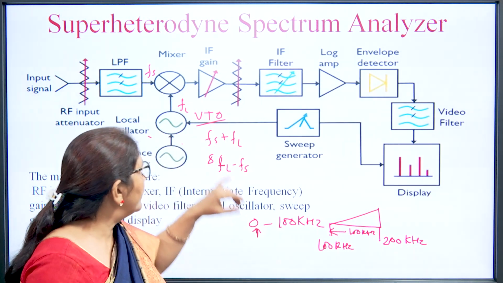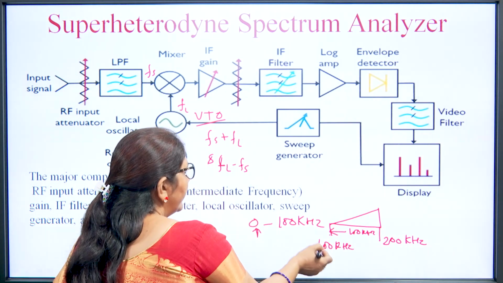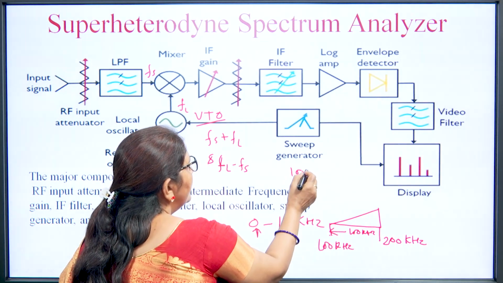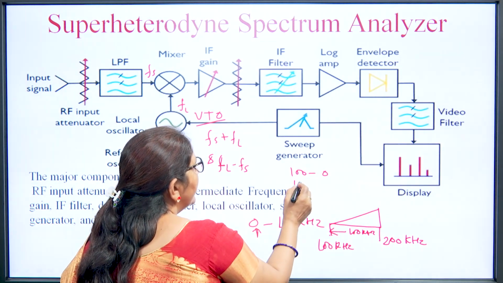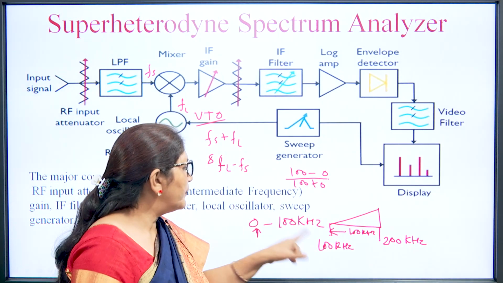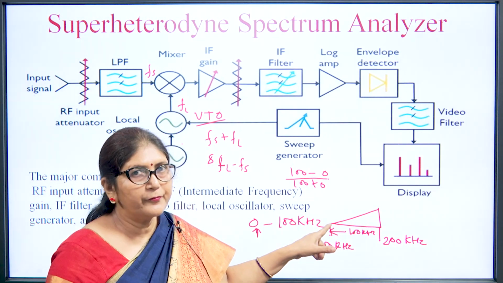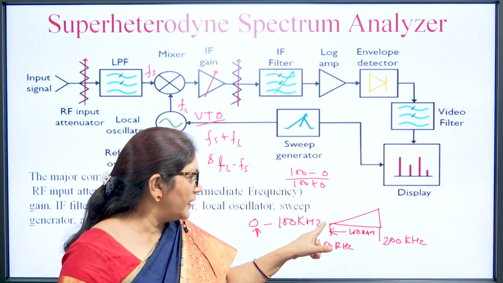The mixer circuit will produce 100 kilohertz minus 0 and 100 plus 0. So, it will provide 100 minus 0, which means that signal is displayed on the leftmost position of the CRO.